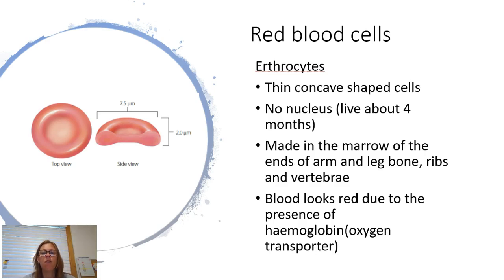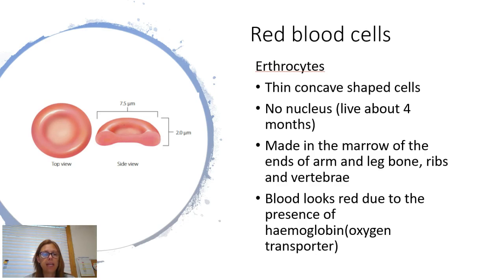So if you think of our arm and our upper leg bone, our femur, and your typical bone shape, when you think of a dog bone even, it's at the ends of those where we'll make our red blood cells. And our blood looks red due to hemoglobin. Hemoglobin is red, and it's our oxygen transporter.